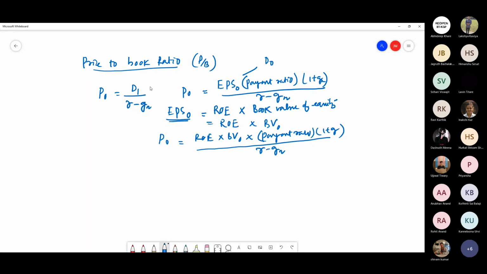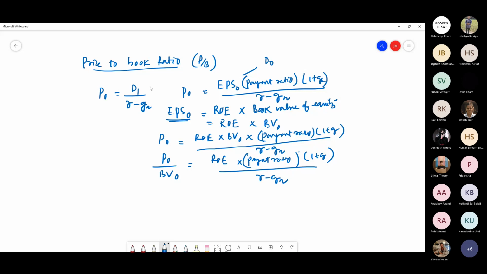Then P0 divided by the book value of equity will give you ROE into payout ratio into 1 plus G divided by R minus Gn. So the price to book ratio depends upon the payout ratio, the return on equity, the discount rate, and the growth rate of the cash flow.